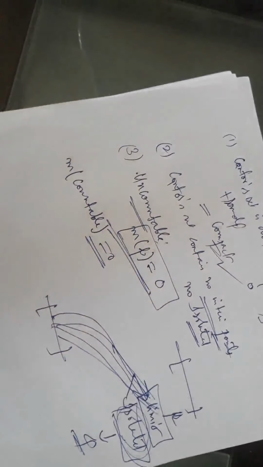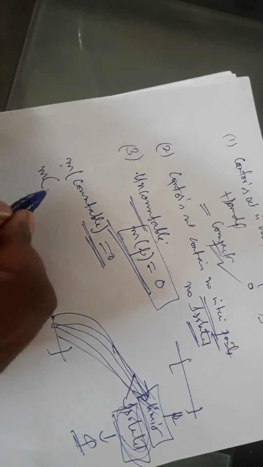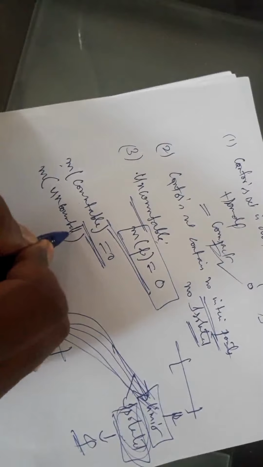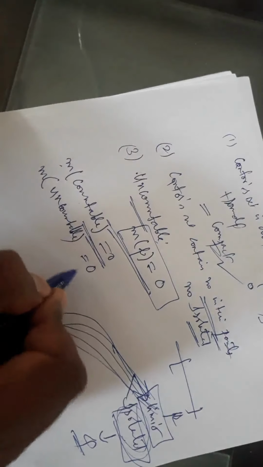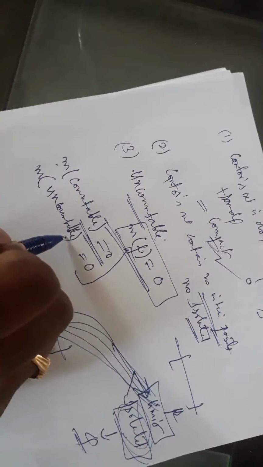We will study this in the last chapter, some basics of measure theory. But if you think about an example where the measure of an uncountable set is 0, that is nothing but the Cantor set. The measure of the Cantor set is 0, where the Cantor set is uncountable. Is it clear?